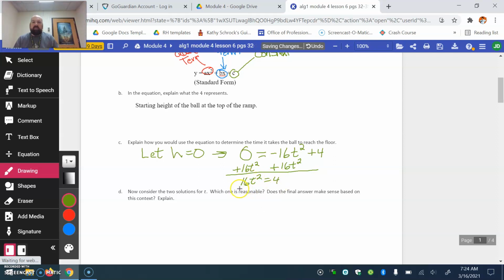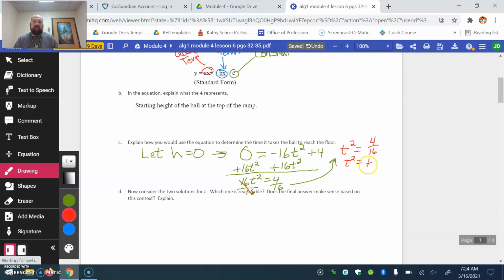I'm going to divide both sides by 16. So the 16s cancel each other out. t squared equals 4 over 16, but I can simplify that. If you put that in your calculator, you'll get 1/4.